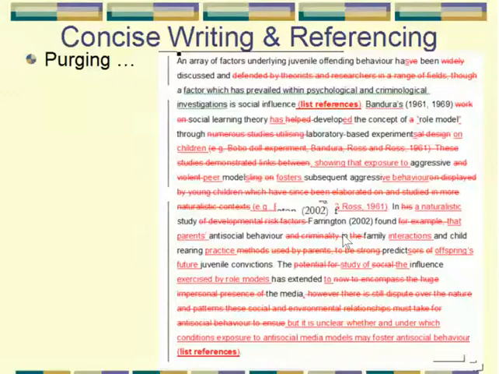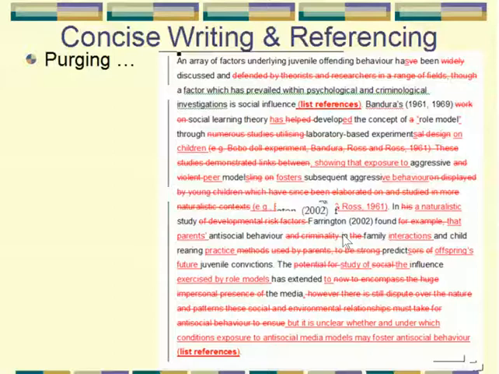Purging. Here we start cutting quite a lot. An array of factors underlying juvenile offending behavior has been discussed, and a factor which has prevailed within psychological and criminological investigations is social influence.